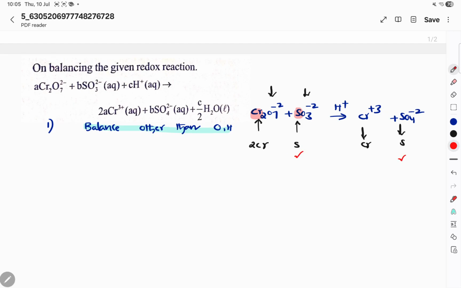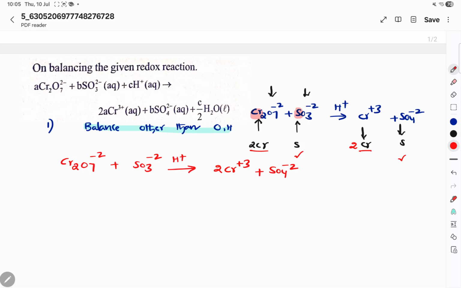Sulfur is balanced, but chromium is not balanced, so I am multiplying with 2. Then the equation is Cr2O7 2 minus plus SO3 2 minus gives 2Cr3 plus plus SO4 2 minus. This is rule number 1.